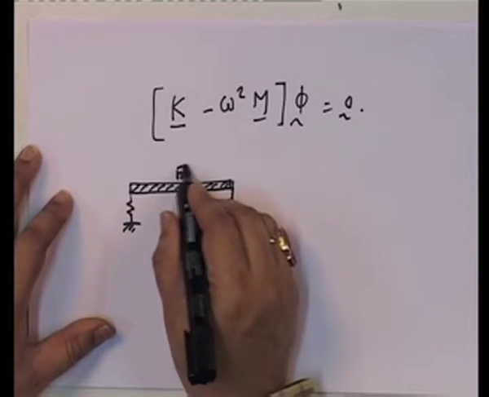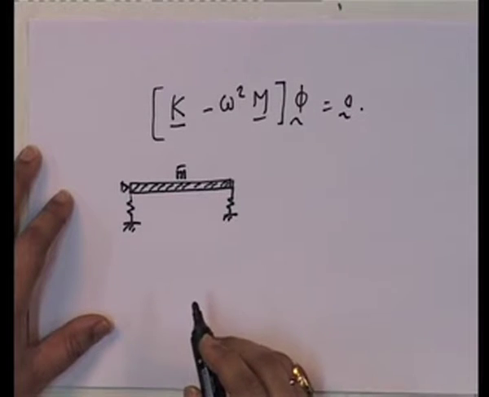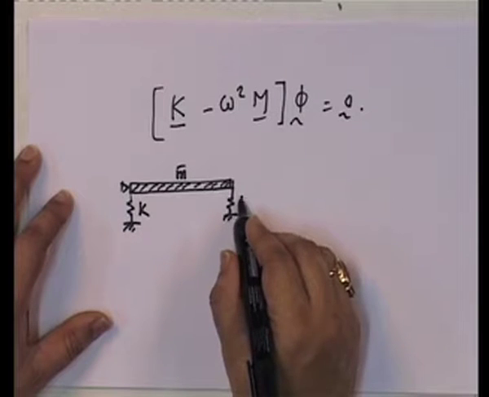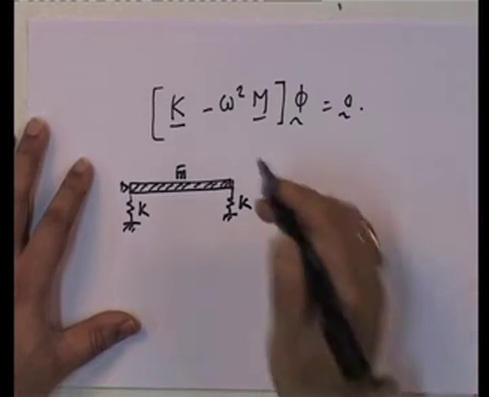M bar, note that this is not allowed to move in this direction. Okay? And I will call this k, and right now I will call this k, I will develop 2k later on. Let us start with k.